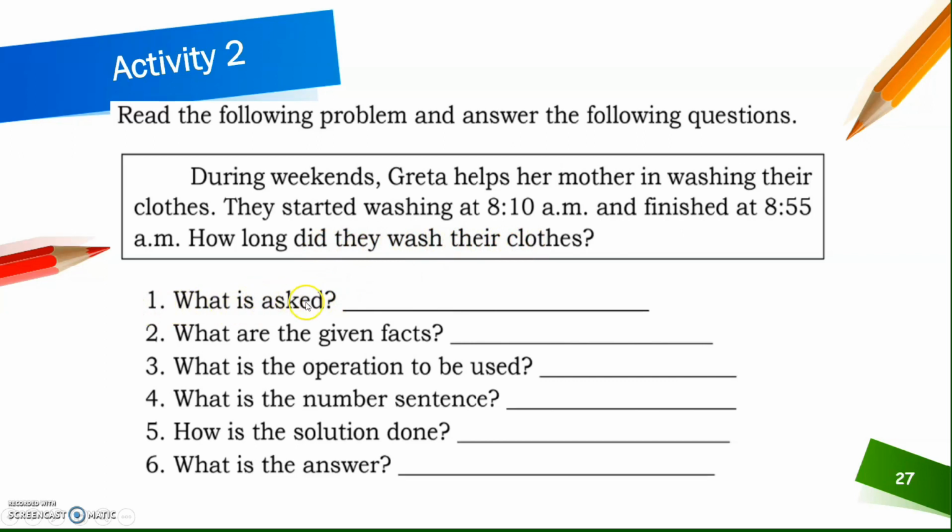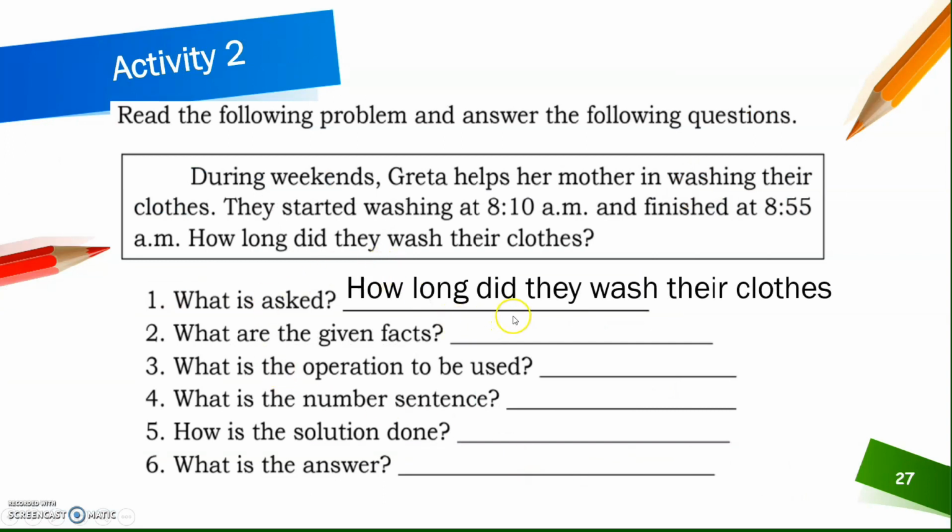So question number 1, what is asked in the problem? So ang sagot dyan ay, how long did they wash their clothes? Number 2, what are the given facts? Okay, 8:10 a.m. and 8:55 a.m. Number 3, what is the operation to be used? So we have subtraction.